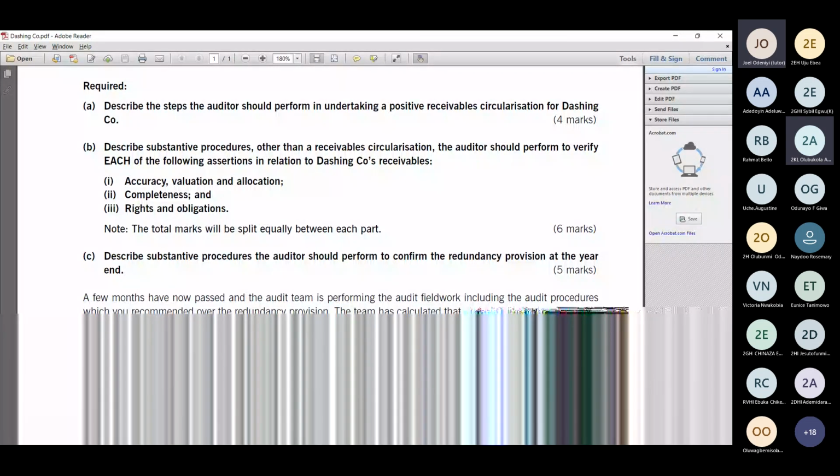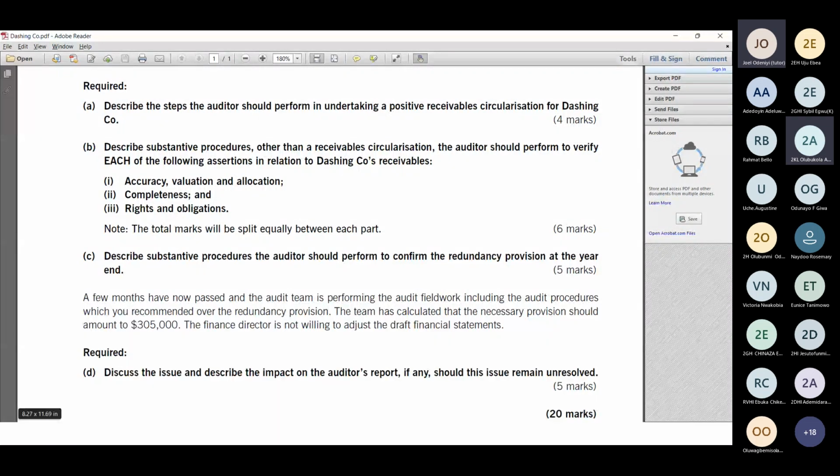The next thing is for you to calculate materiality, which we've done and talked about extensively. The next thing is to discuss the impact on the auditor's report. I think it was Olamide that did justice to that. In discussing the impact on the auditor's report, you're going to say that because this is a material misstatement, but is not likely to be pervasive, the auditor will issue a qualified opinion.